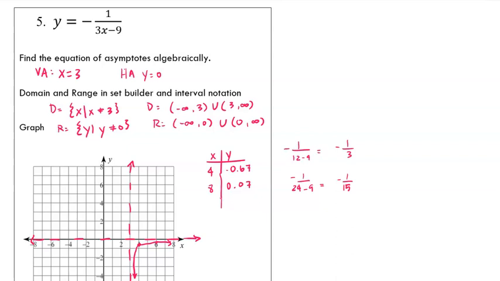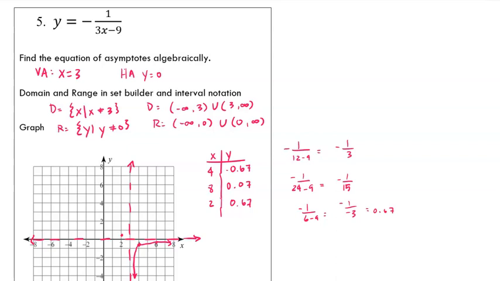Okay, and then let's put in some more numbers. Let's put in a 2. Negative 1 over 6 minus 9, negative 1 over negative 3. So it's going to be 0.67. So 2, 0.67.